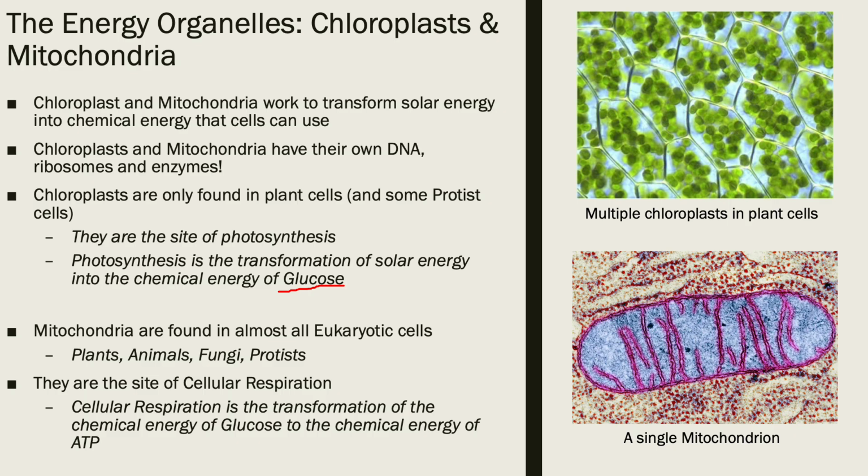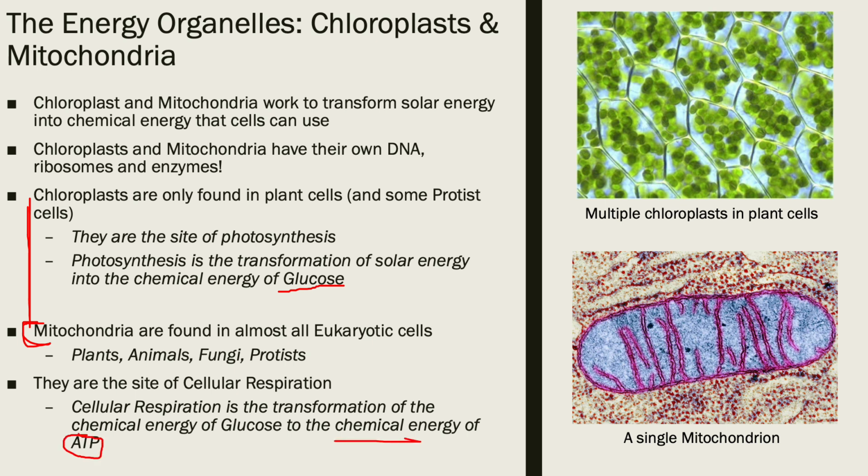Mitochondria are pretty much in everything. Plants, animals, fungi, protists. Okay, do not forget that plants have both. Plants have both of these. Animal cells only have mitochondria though. And these are the site of cellular respiration. And this is where the sugar made from a plant cell is converted into another chemical called ATP.